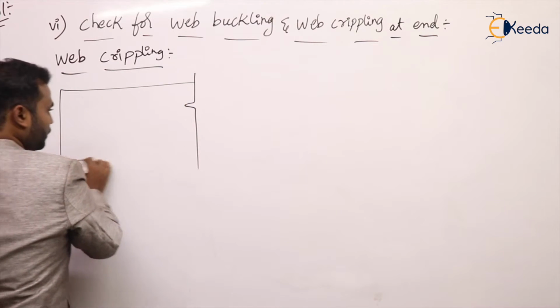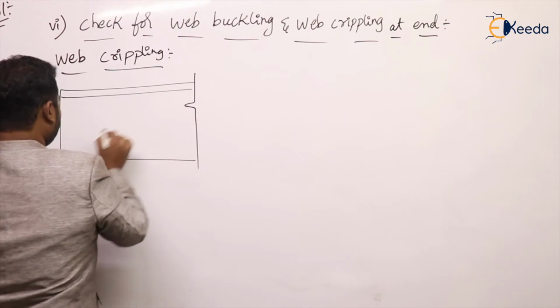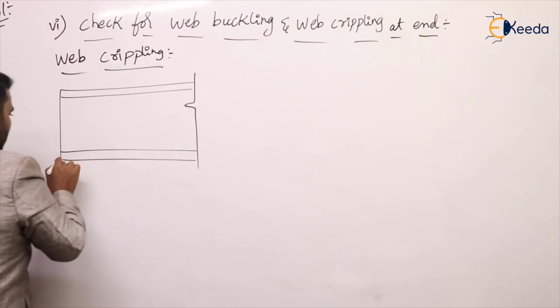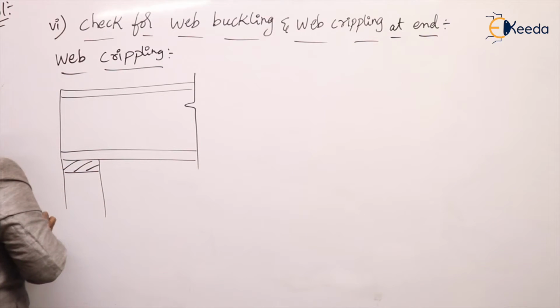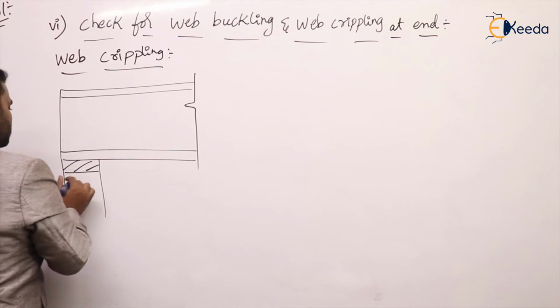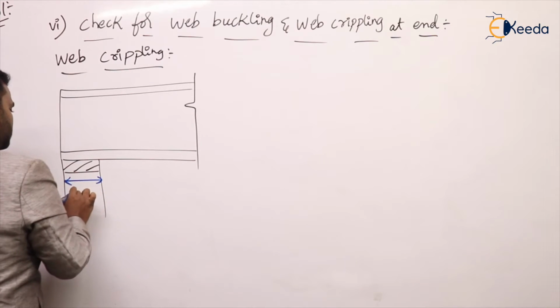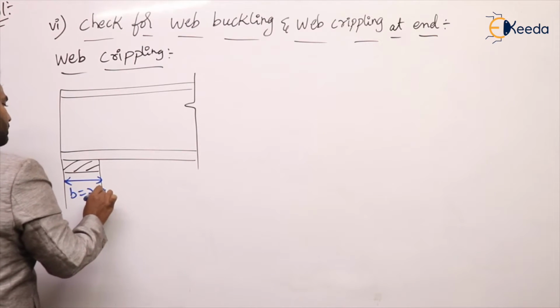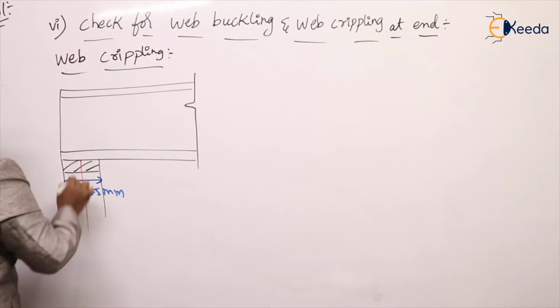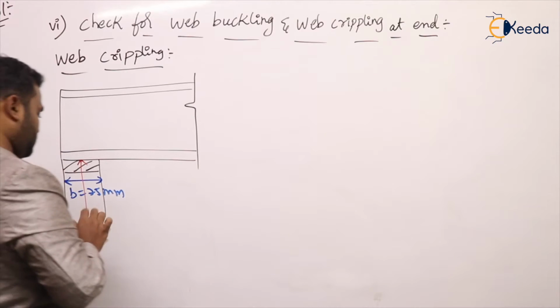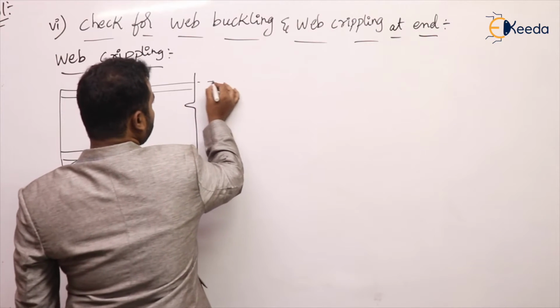So this is the longitudinal view. B is equal to 75 mm. And this is how the reaction will act. And this is the cross section.